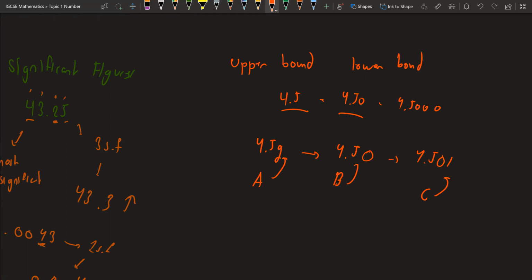Let's say 4.5. If you were to round up, you will get 5, right? But if you were to round down, you get 4. Round up, round down.